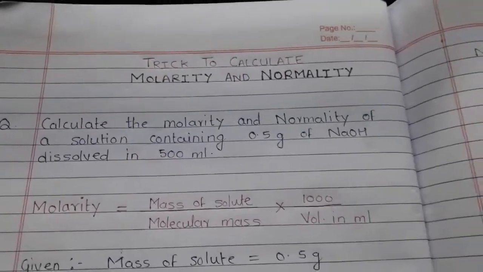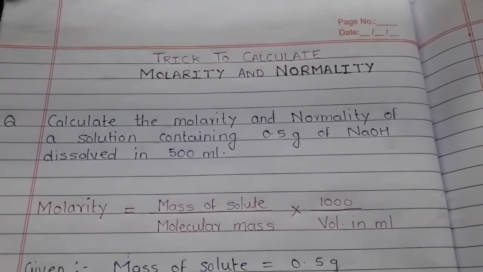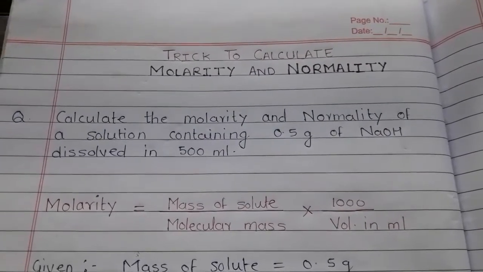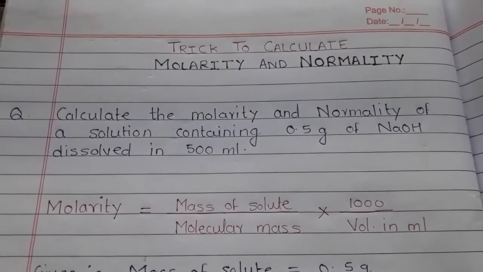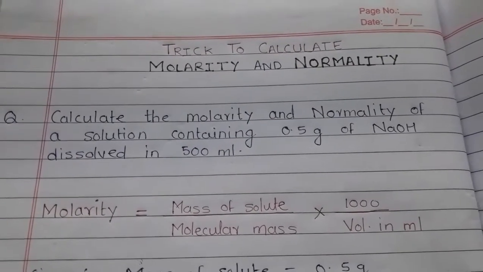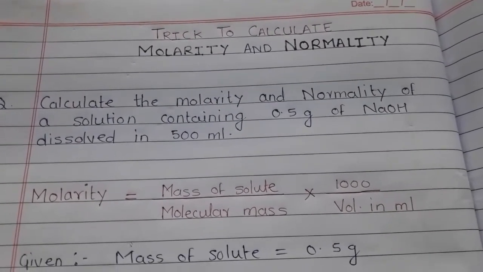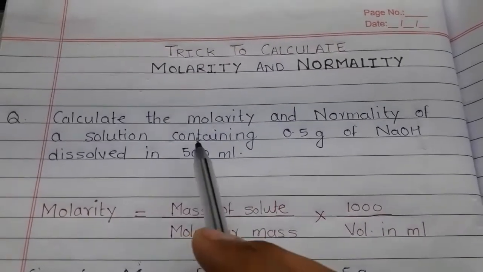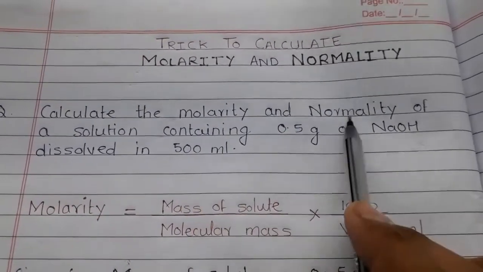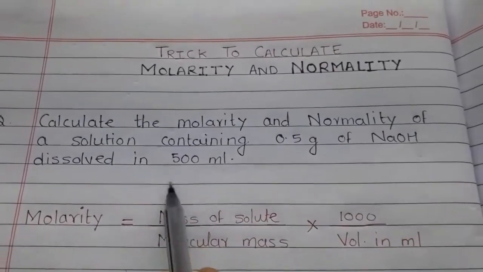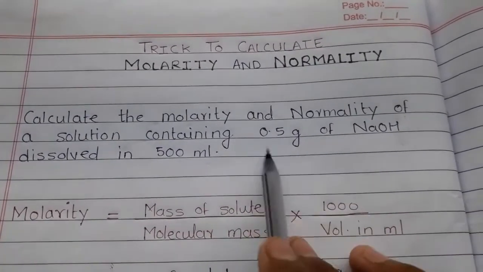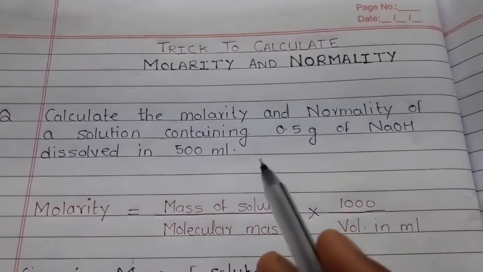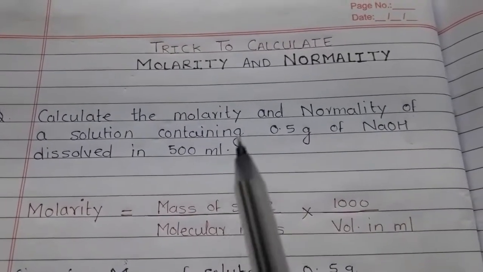We have taken 0.5 gram of NaOH in 500 ml of water, so that we prepare a 500 ml NaOH solution. Here we have to calculate the molarity as well as the normality of that solution.